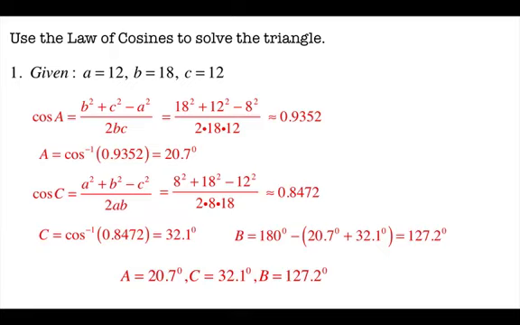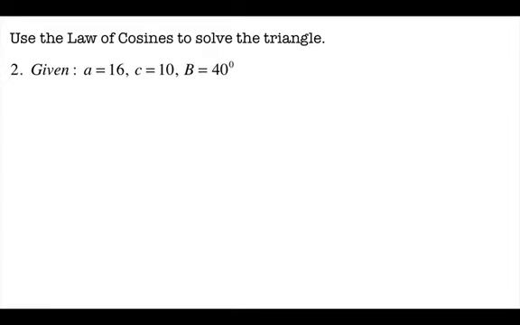Moving on to number 2. Same directions. So now I'm looking at a side and an angle. Notice that this is side, angle, side. Moving on to the formula. So then I am going to find little b by using that formula you saw earlier.